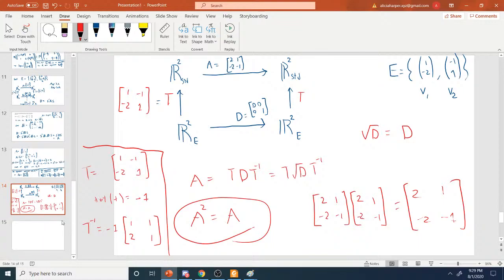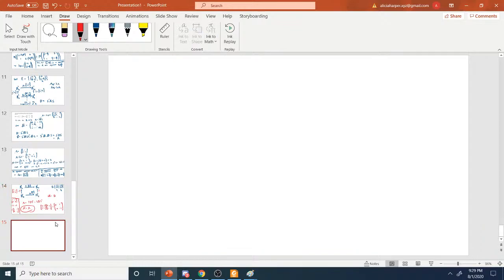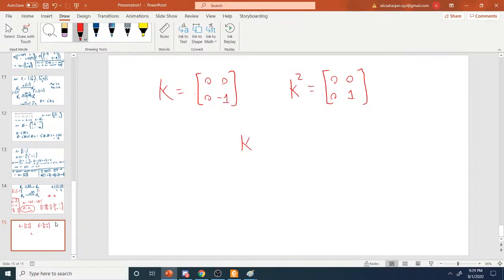So here's the fact I'm going to observe. If we set K to be the matrix 0, 0, 0, -1, then in fact we have K squared is equal to 0, 0, 0, 1. So what we're going to do is we're going to compute K and then times T inverse on the left, and then times T on the right.